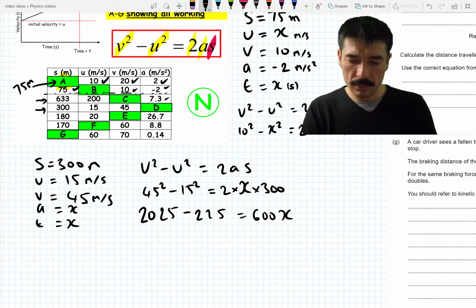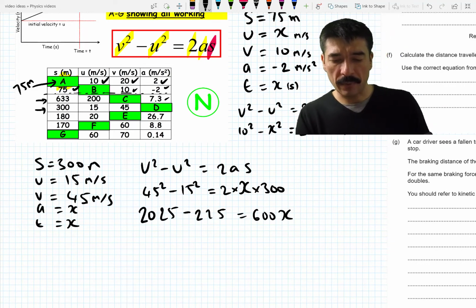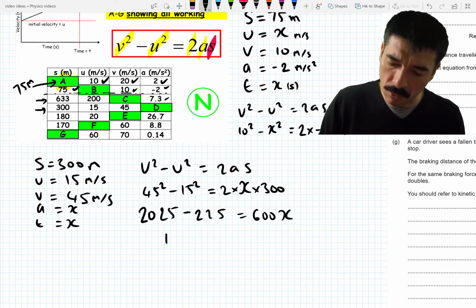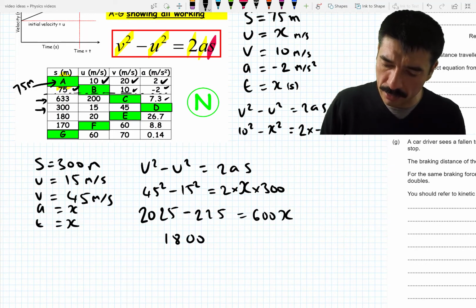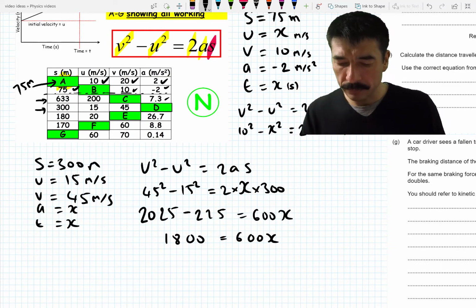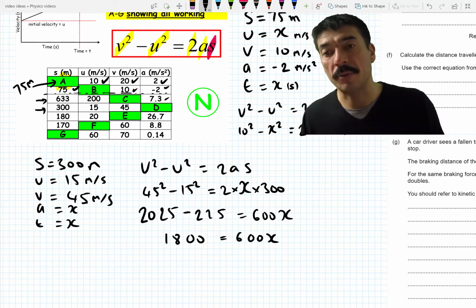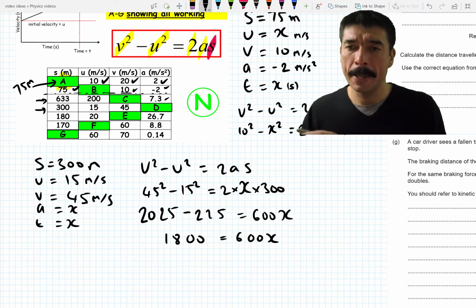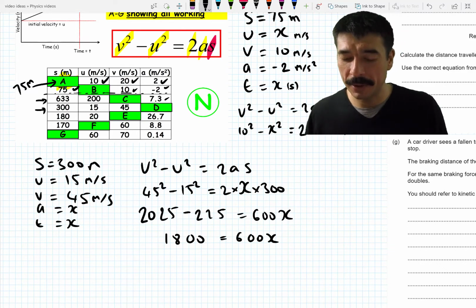Right, so 2025 minus 225 should be 1800, but I'm going to check anyway. Yes, so 1800 equals 600x. So, like the first question we did, 600 lots of x equals £1,800 if you want to think about it like that. You know, £1,800 bought me this many x's, x boxes, whatever you want to think about.